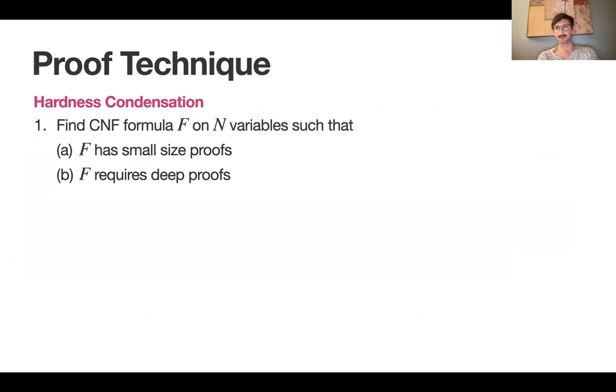So what is our proof technique? It's called hardness condensation, and this technique was introduced by Rasberov. The whole idea is to find a CNF formula on capital N many variables, such that that formula has small size proofs, but requires large depth. So for resolution, we can just take the pebbling formulas.